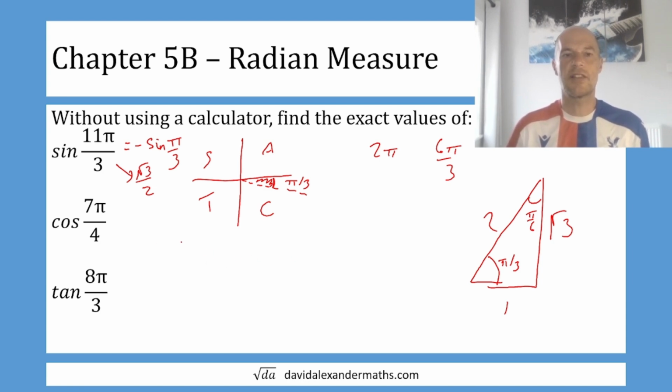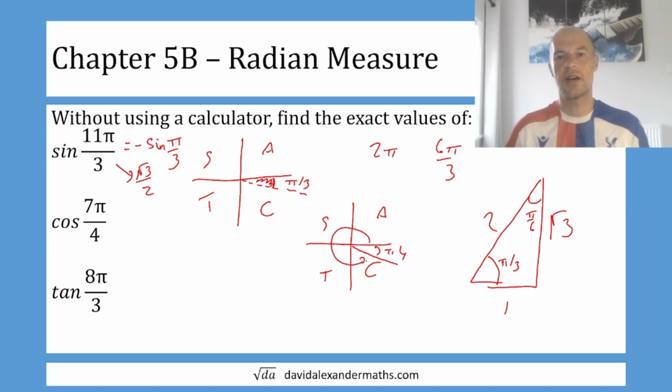Right, let's have a go at the cos of 7 pi over 4. CAST. So 8 pi over 4 would be 2 pi, which would be the full resolution. So this is going to be creating an angle here of pi over 4. Okay, so this angle here is 7 pi over 4, and that is creating this angle here of pi over 4, and this is in the fourth quadrant, so cos is positive.